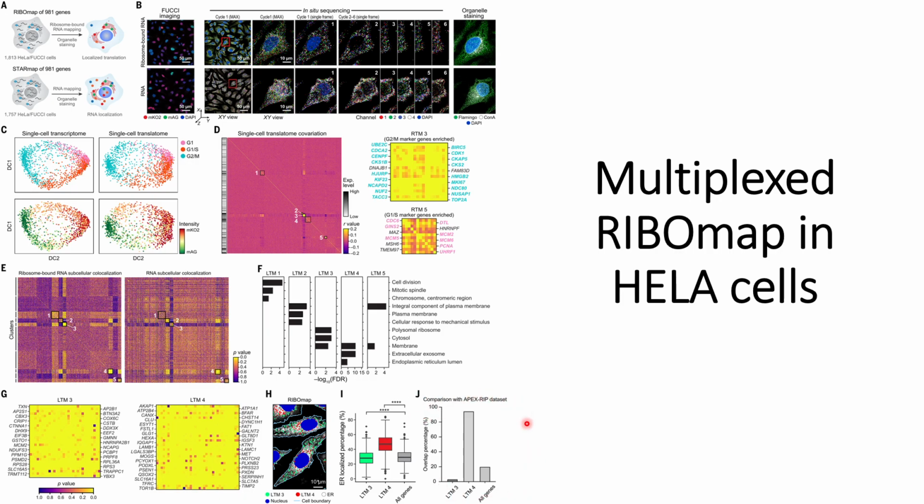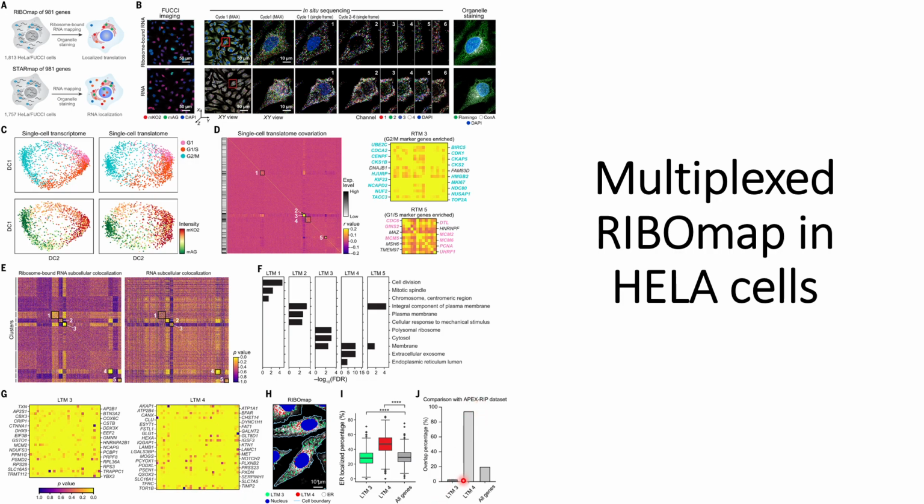Then finally what they did is they checked the overlap of these genes within the cells, and the overlap of this gene set with the data set that is available in APEX.